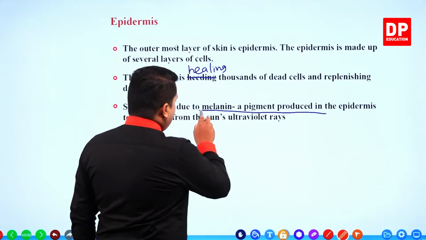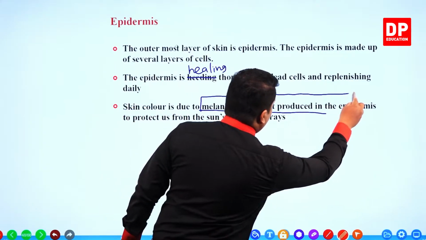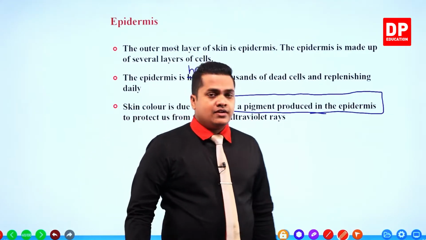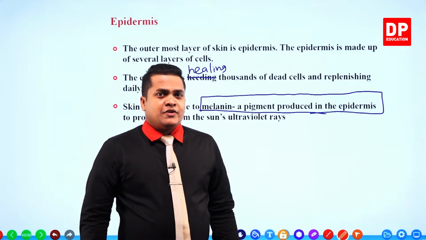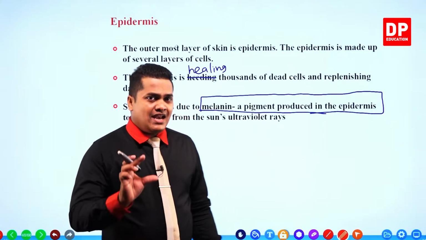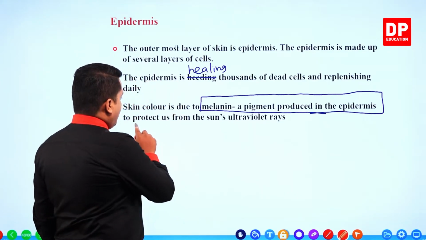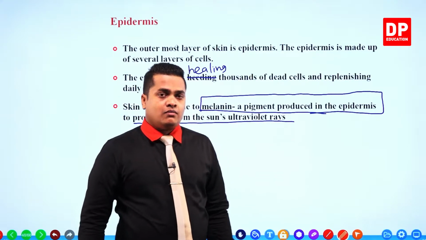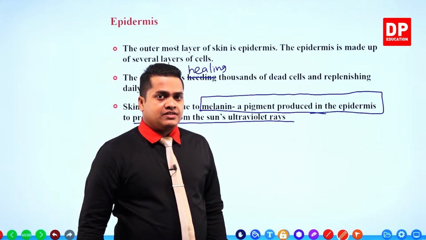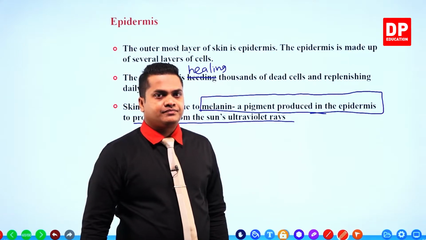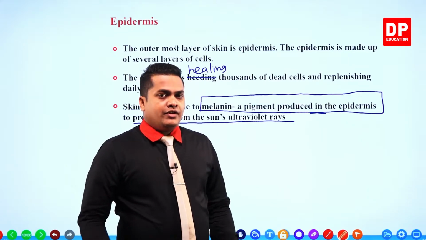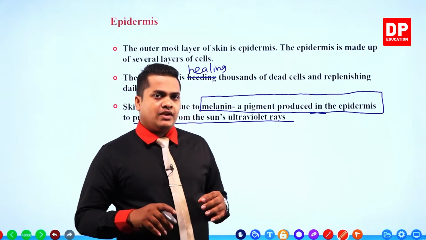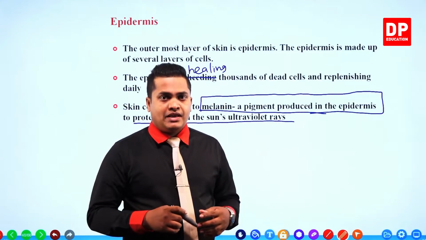So melanin is a special pigment produced in the epidermis. It is produced in the epidermis, right. The specialty of melanin is that it can absorb and protect our skin from ultraviolet rays which are received from the sun. Our skin complexion comes because of the melanin pigments.